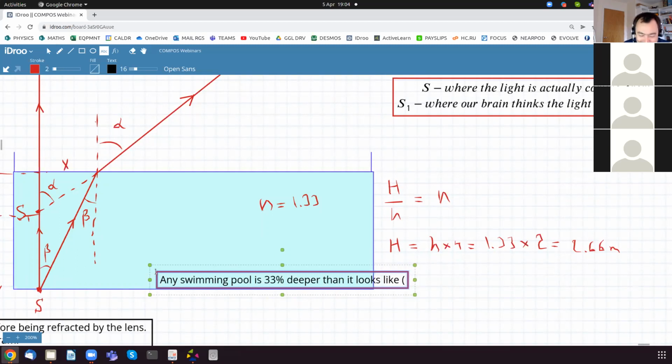It only works for small angles, when you look directly down. Also you can look at it this way.